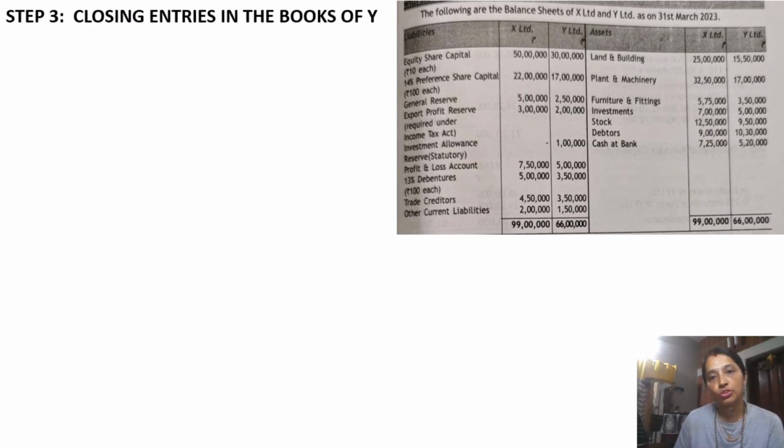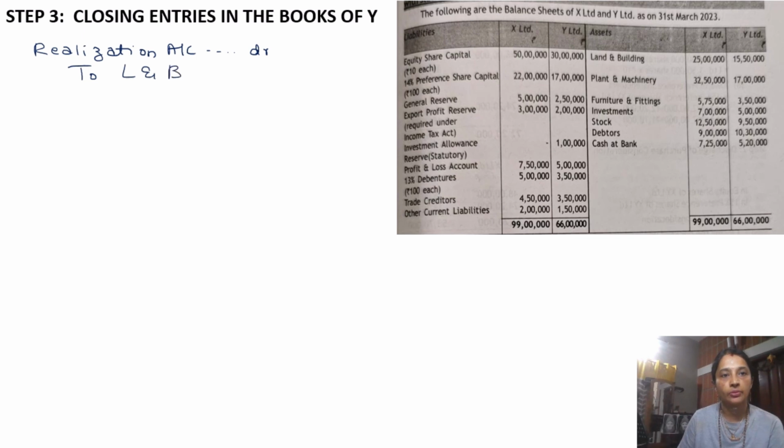After closing the books of X company, let's now close the books of Y company. As usual, first entry, realization account debit to all assets account. So the entry will be realization account debit to individually you have to take all the assets, but now you will see the balance sheet of Y company.